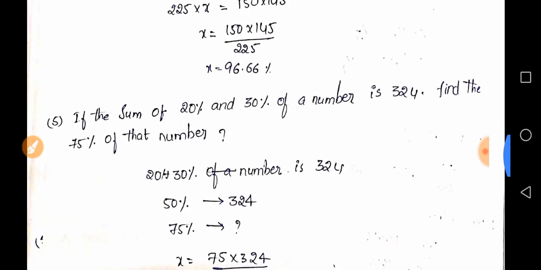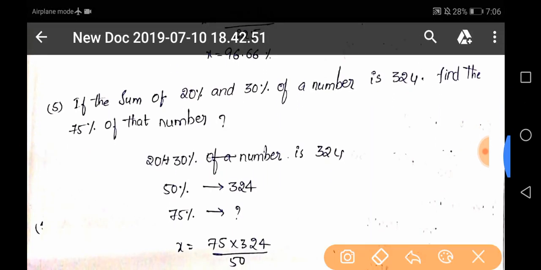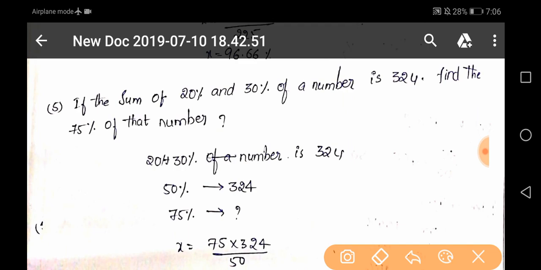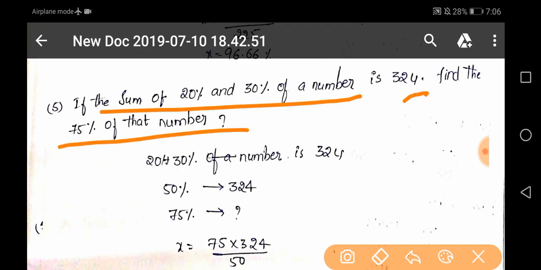See, if the sum of 20% and 30% of a number is 324, find 75% of that number. See, when they give this, don't get confused about the number. The number doesn't matter here. What matters here is the percentage.